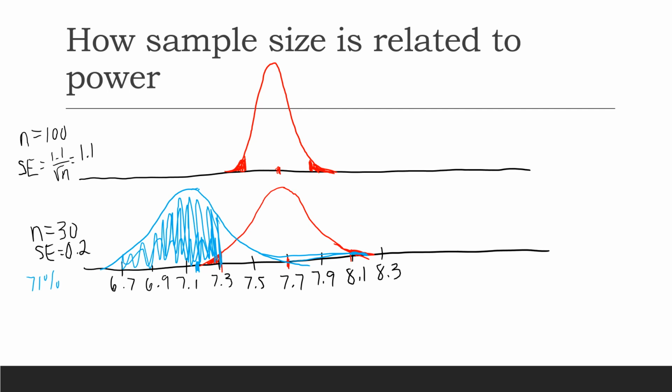Then my alternative distribution, centered at 7.2, would also have a lot less spread. So I'm going to have something like this. And if I look at the proportion of this distribution that falls in the rejection region, see, I've got all of this area.